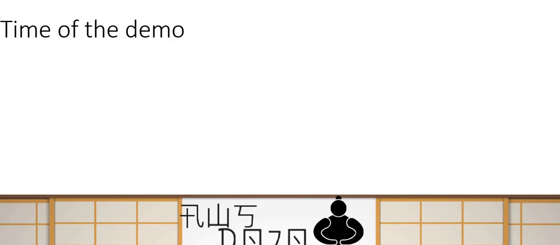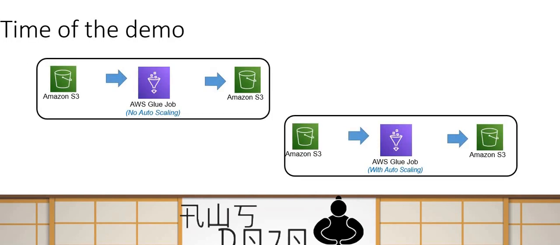Okay, time for the demo. I'm going to create two identical jobs. Both jobs will simply take data from S3 and write data to S3. In one job there will not be any auto scaling, and in the other job there will be auto scaling. We will run both jobs on the same data, with the same transformations, same type of output, same source and target, everything.